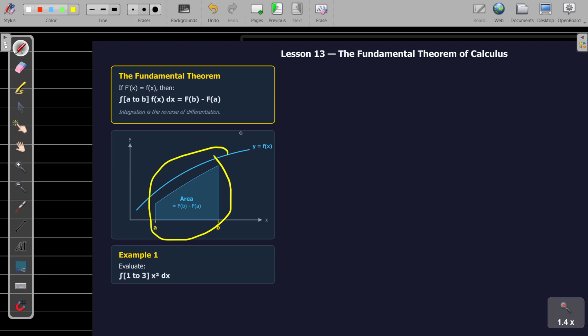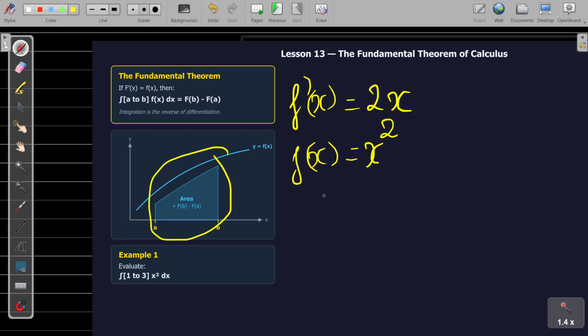What we did with differentiation was, if f(x) was x squared, we derive it and get something like 2x. Now we're going to go antiderivative, so we go backwards.